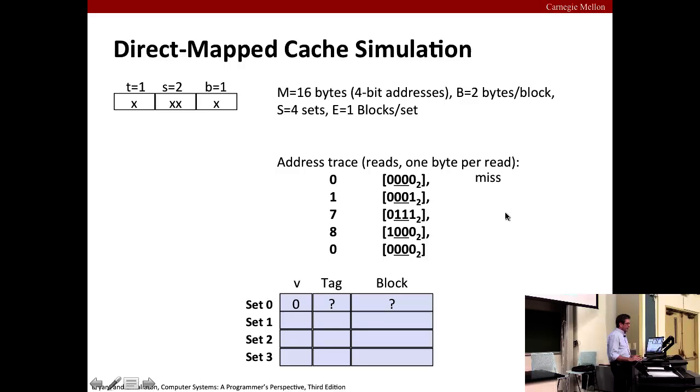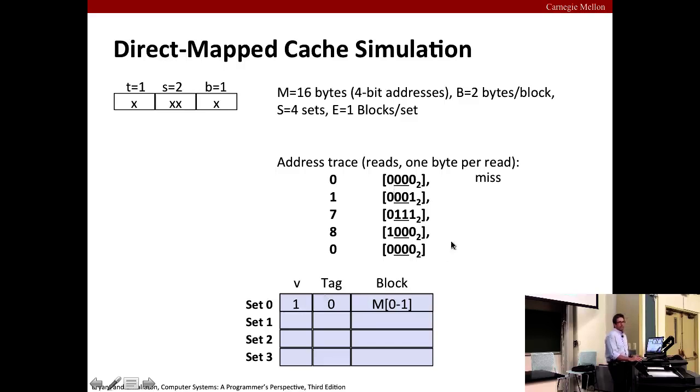So it fetches that block from memory and sticks the block in. This is using array notation for memory, so this is the bytes that extend from offset 0 to offset 1 inclusive in memory. Okay. The tag bit is 0, and the valid bit is 1.